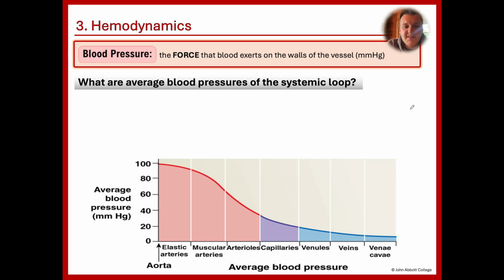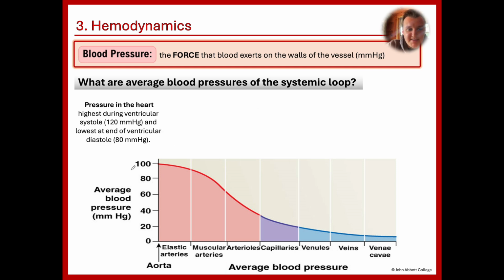So I want us to think about the average blood pressures of the systemic loop. The first thing to note is that the pressure in the heart is the highest during ventricular systole. Ventricular systole just means contraction of the heart.